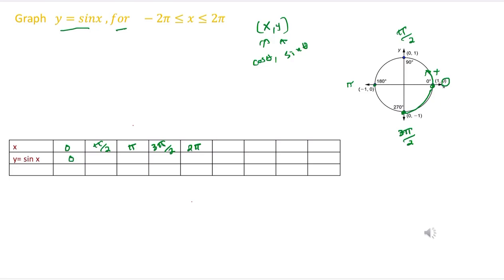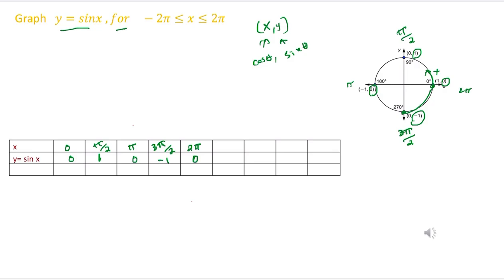The sine of pi over 2 is 1. The sine of pi is 0. The sine of 3 pi over 2 is negative 1. So we take all the y coordinates, and for 2 pi, the sine is going to be 0. Sine of 2 pi and 0 are exactly the same thing.